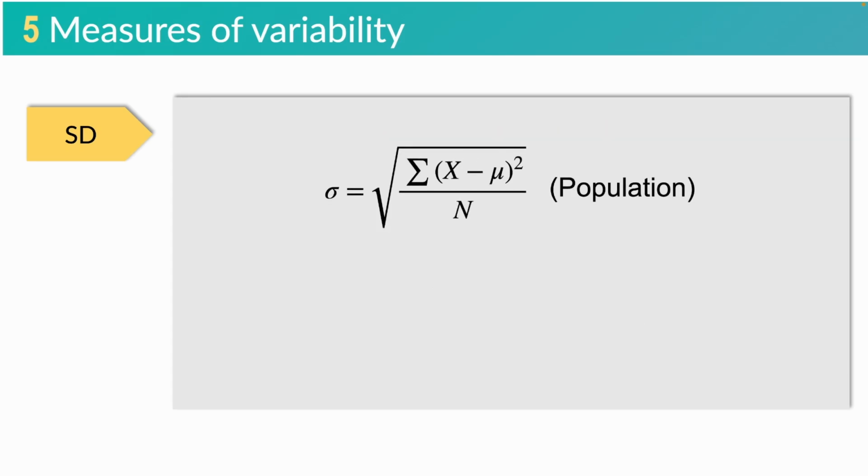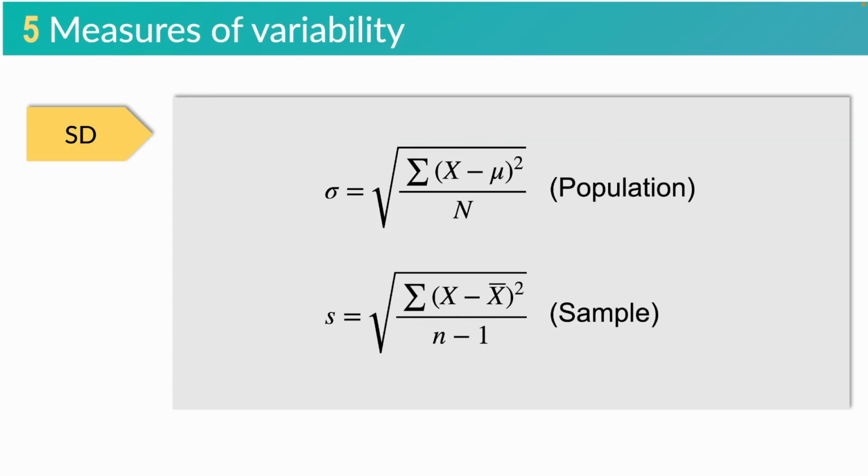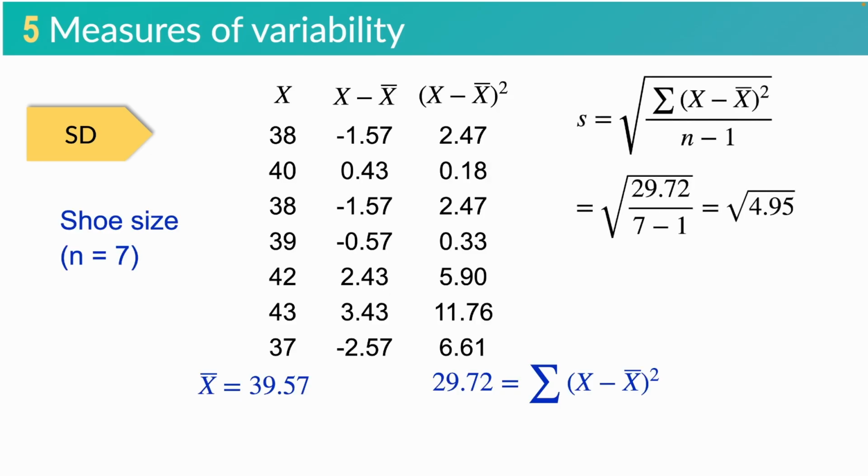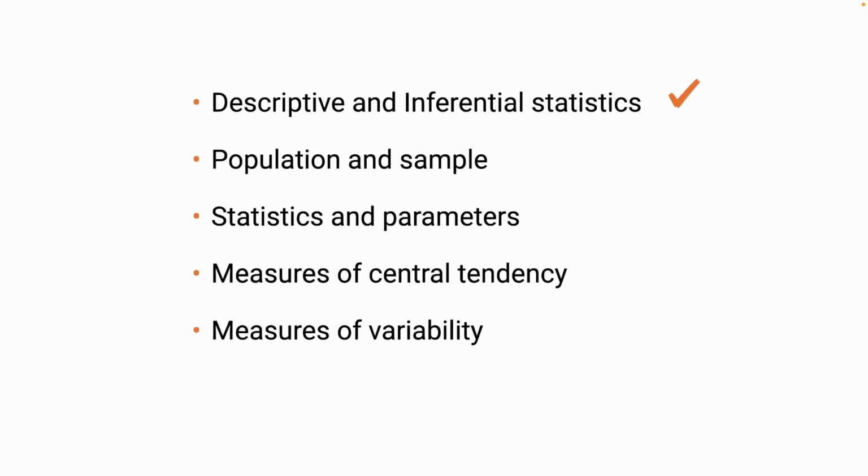These are the equations to calculate standard deviation for a population and for a sample. For the shoe size example, we can easily calculate the standard deviation using the equation or calculate the square root of the variance. So far, you know the basic but important statistics terminology. You also know the meaning and how to calculate the measures of central tendency and the measures of variability.